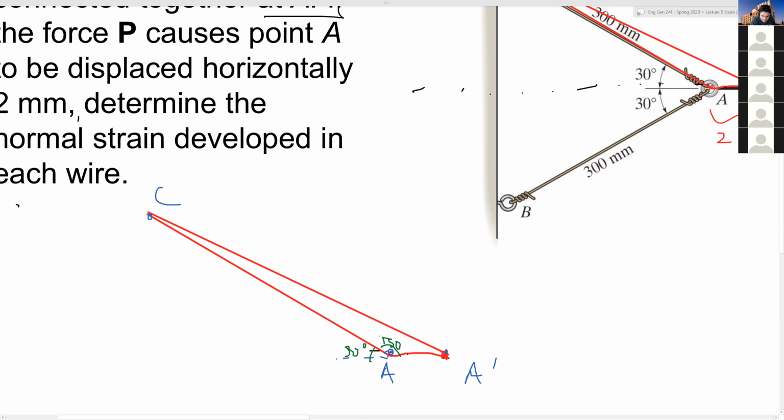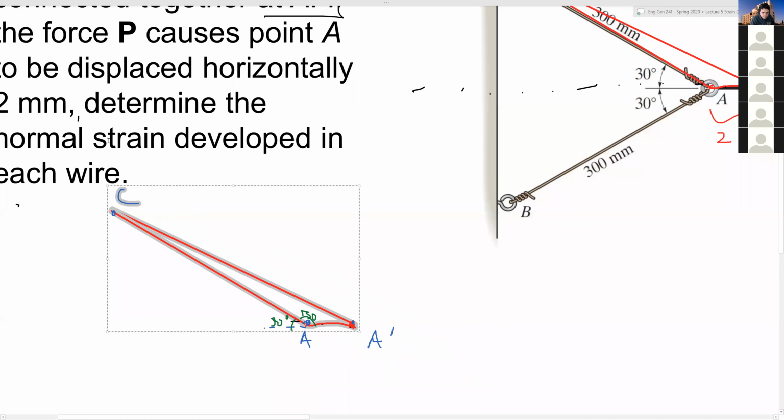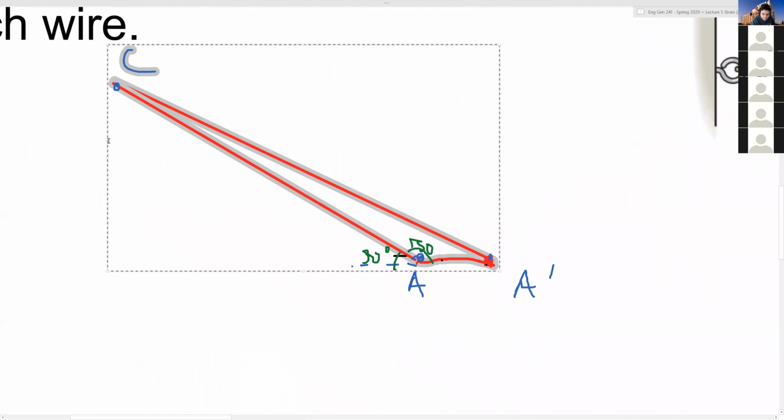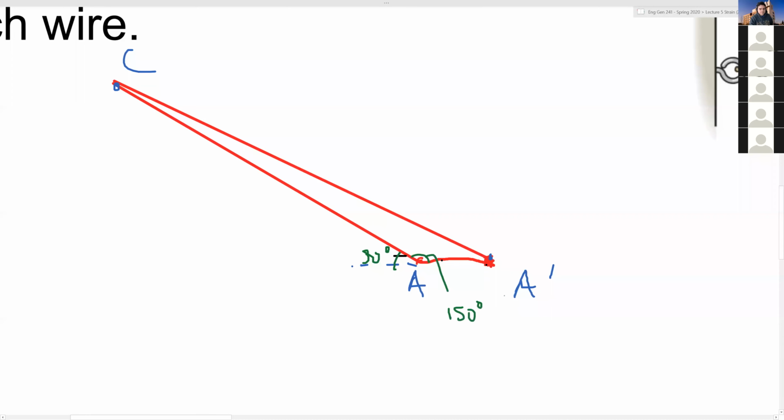So what happens? Okay, I'm doing my best to draw in there. 150 degrees. All right. A prime.